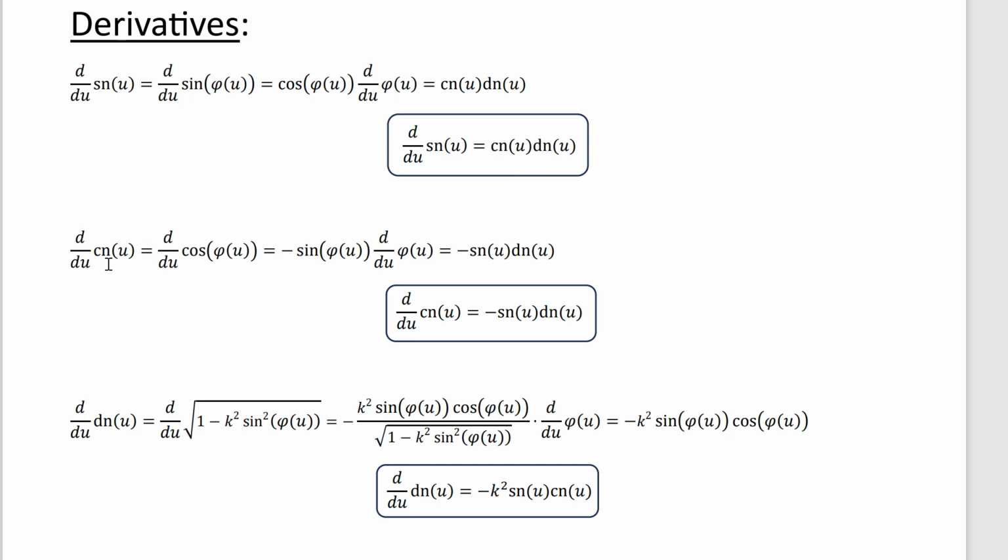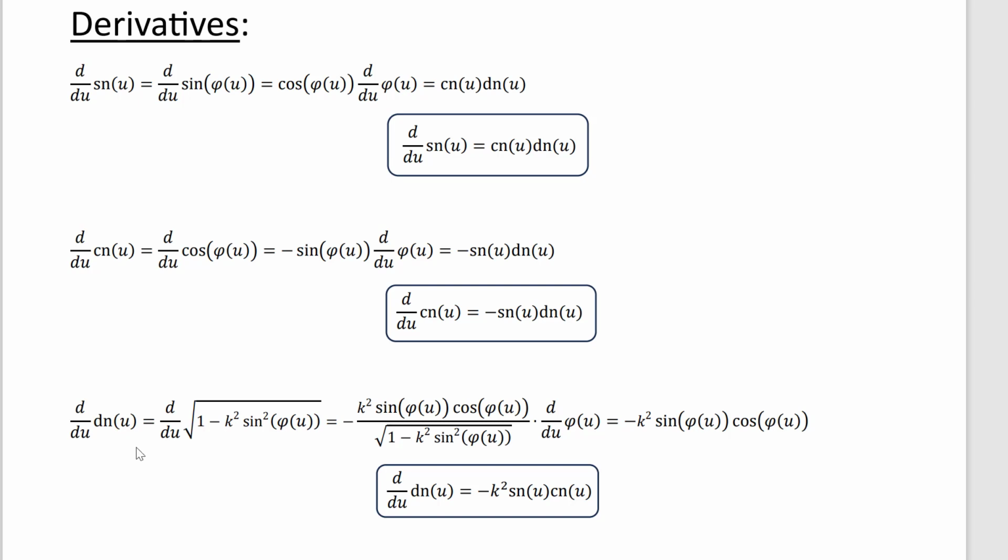The derivative of cn u would be the derivative of cosine phi, which is negative sine phi, times the derivative of the argument, dn u. So we get that. Depending on how you want to define dn u, you can define it as this square root or get it from the property, but either way.